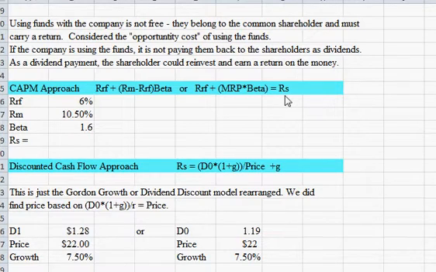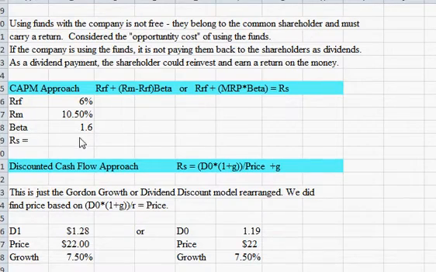The theory being that if you're using shareholder money, the return they're entitled to is equal to the risk-free rate, which they could get by simply investing in treasury bills, plus the premium they're getting for being in the market, which 10.5 minus 6% here, that would be 4.5% premium. And then we multiply that times the beta, which is a measure of how much risk that particular stock has.